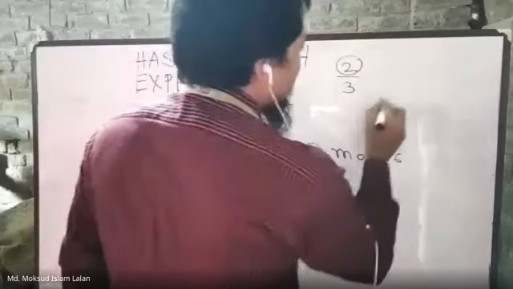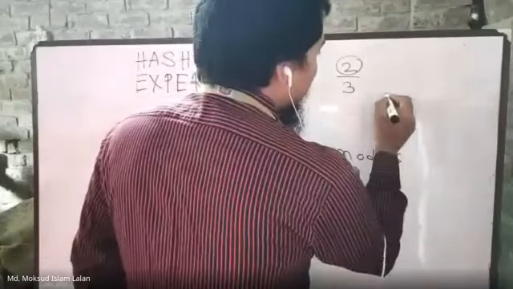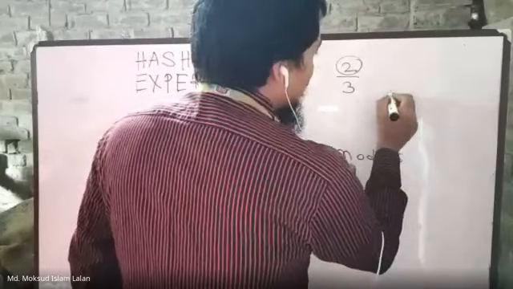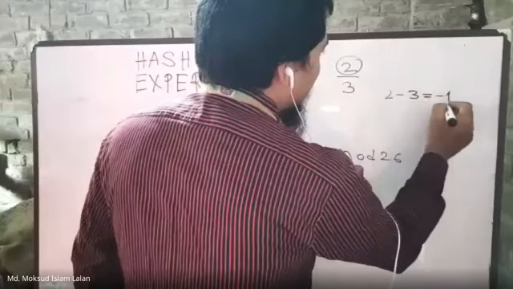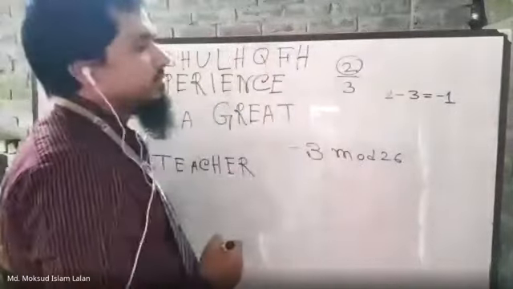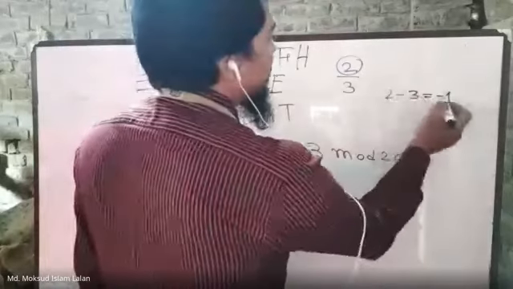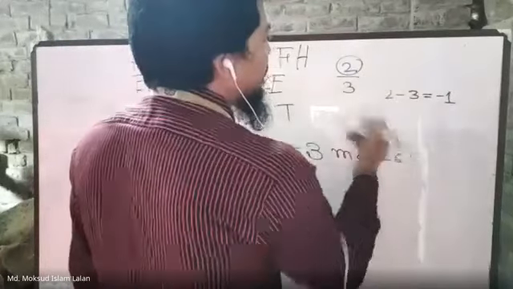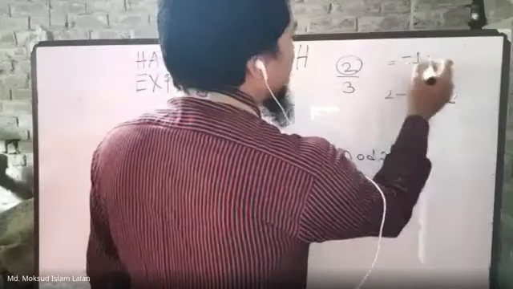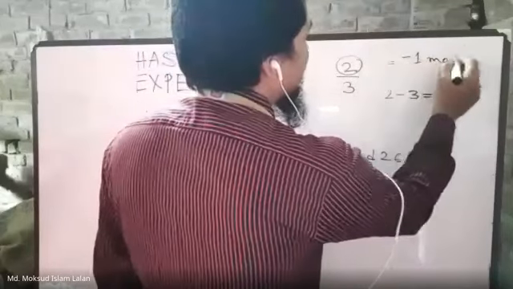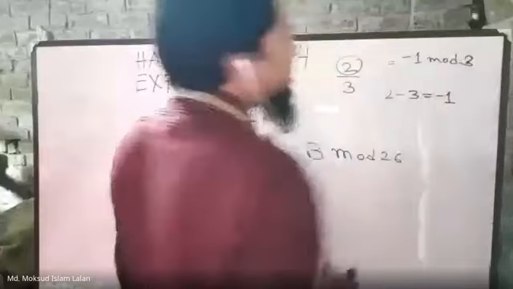For this math, if you say something like this, 2 minus 3 is equals to -1, right, Baijit? Yes, sir. So for this math, you can also say -1 is the remainder, modulus 3.